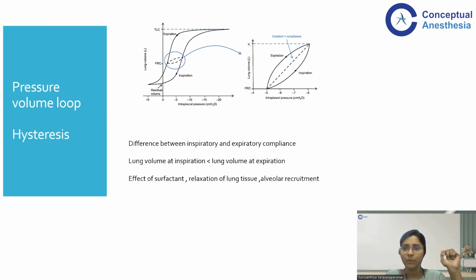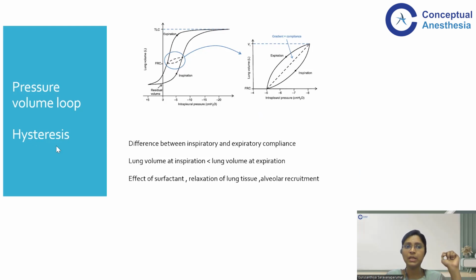Okay, so -6 centimeters of water. See, the lung volume is just above FRC. But for the same negative intrapleural pressure, the lung volume at expiration is greater than what it was for inspiration. This difference between the inspiratory curve and the expiratory curve happens because of the difference in compliance.